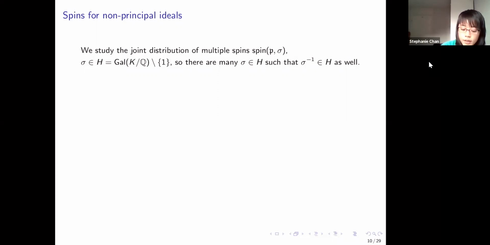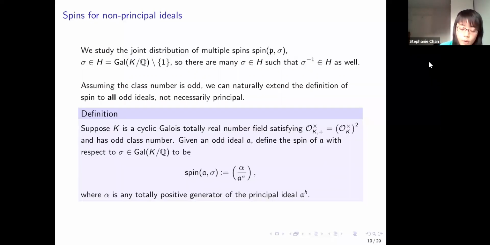So previously, the two results I've mentioned assume that the ideals are principal. But now, instead of assuming that all ideals have to be principal, we assume that the class number is odd.